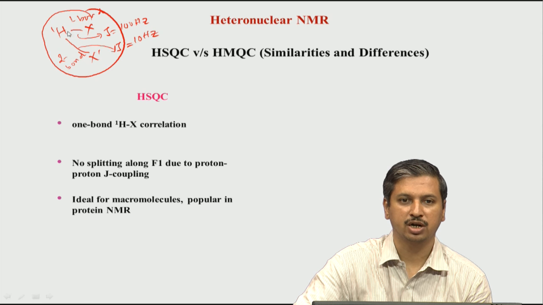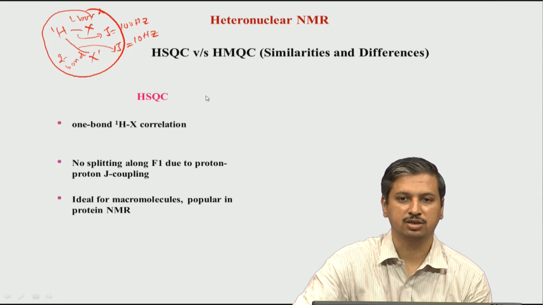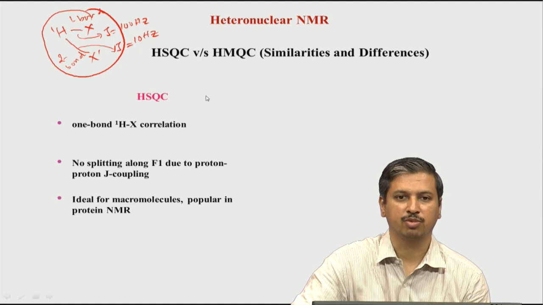Direct one bond correlation comes from HSQC or HMQC, which is what we are discussing here, but in HMBC we go to a longer bond and we suppress. How do we suppress? We simply suppress by tuning our delay in the INEPT sequence, which we saw in the INEPT portion, either for this coupling 1 by 2 J or using this coupling. And again, this is a rough example, but we should know roughly, or to some fair extent, the coupling value.